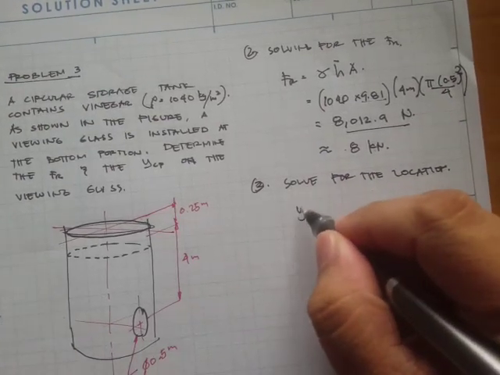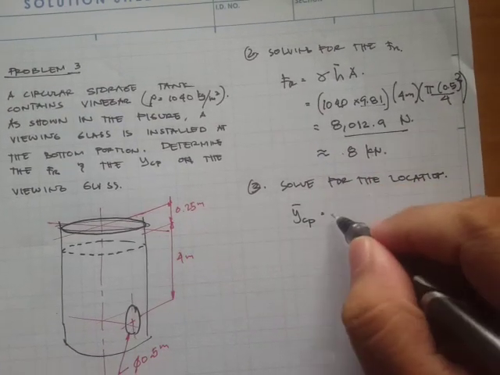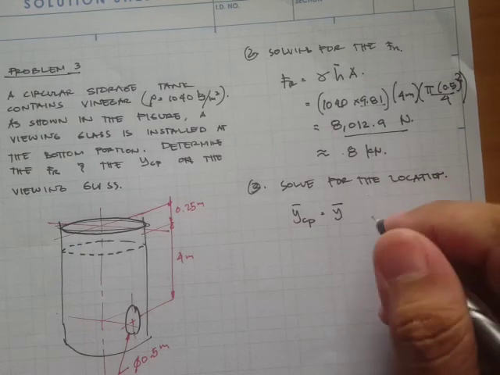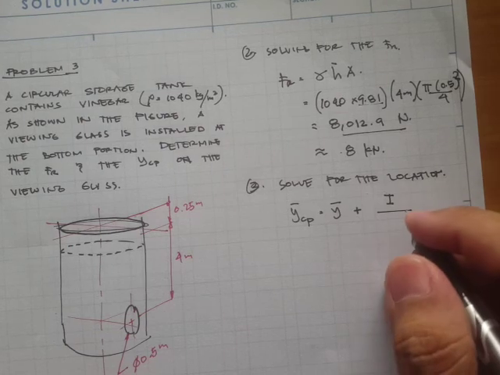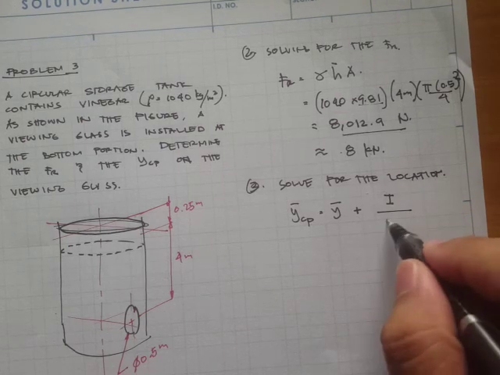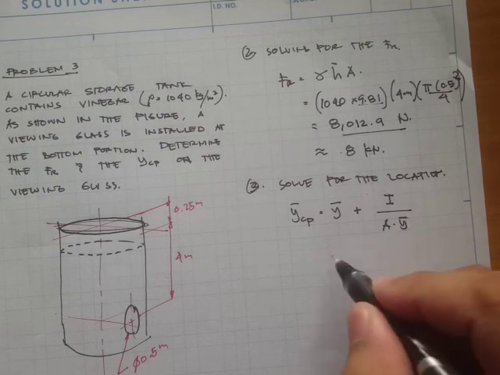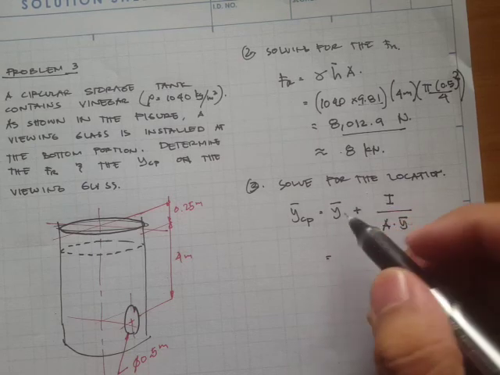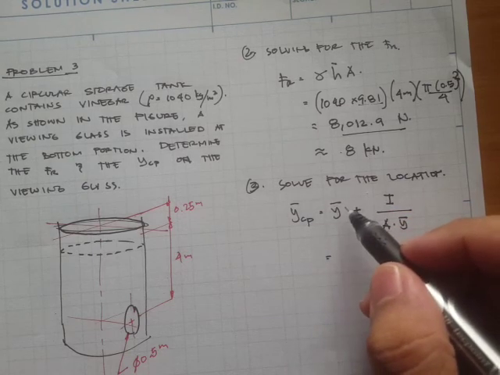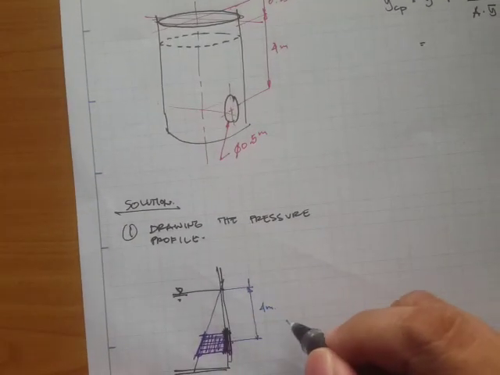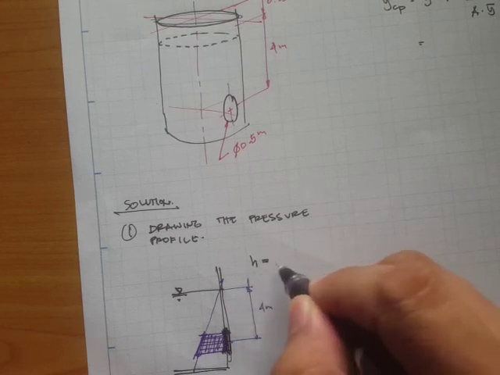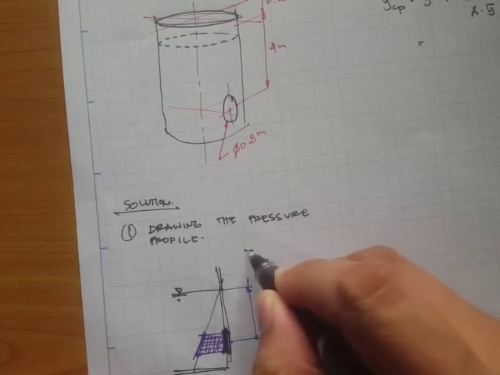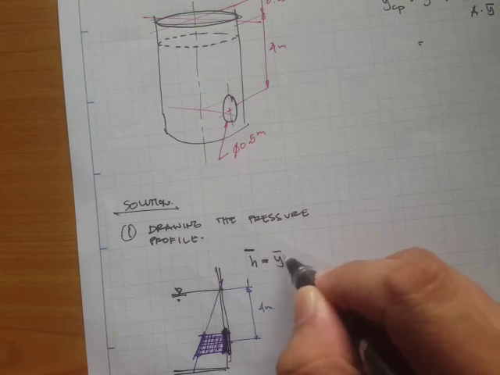And we have this equation: y_cp is equal to simply y bar plus I over the area times y bar. Okay, so y bar is the centroid along the y direction. Now it's just the same as h bar because the position is vertical, so h bar is just equal to y bar.